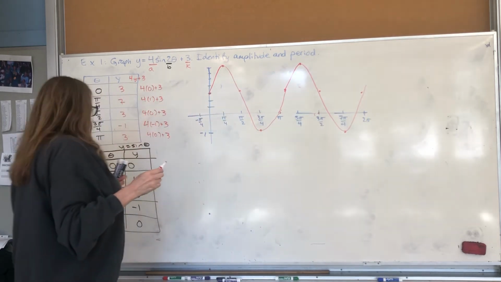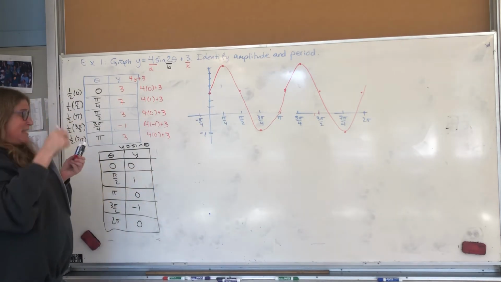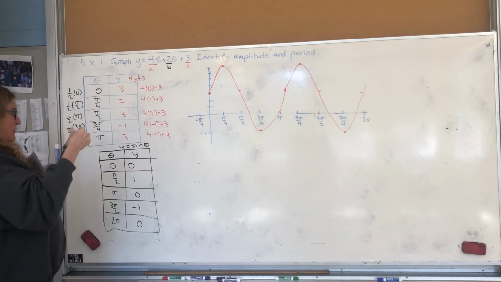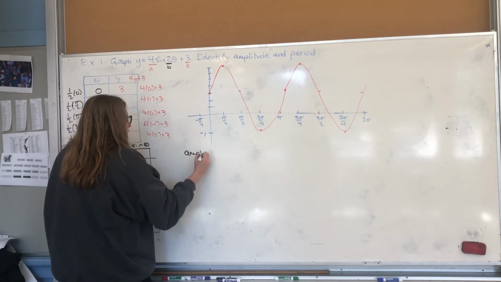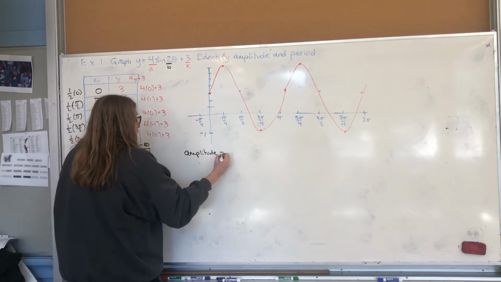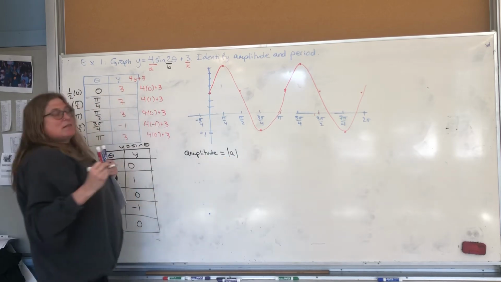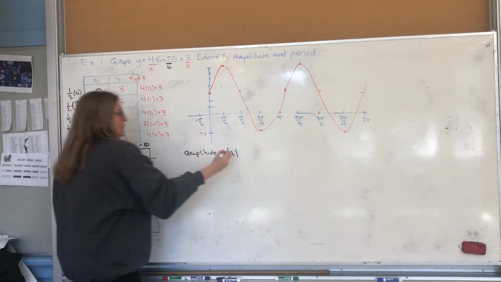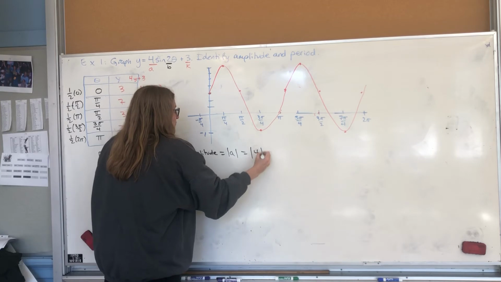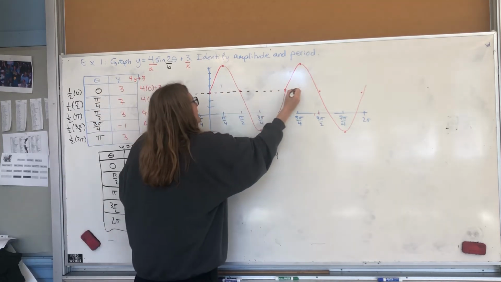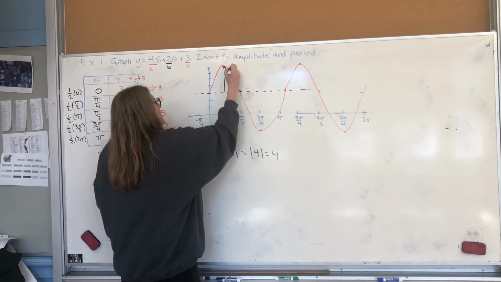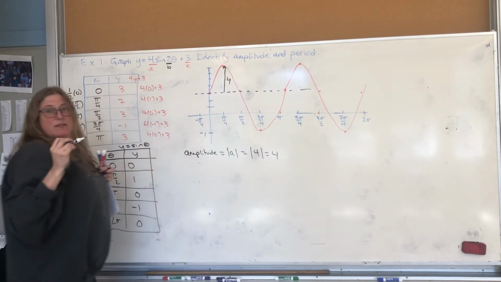Okay, so what they want me to do is identify the amplitude, right? The amplitude is equal to the absolute value of A. Well, what's A, guys? It's equal to the absolute value of 4, which is 4. And I can see that, right, guys? I can see there's my midline, and this is up 4. So that's my amplitude.